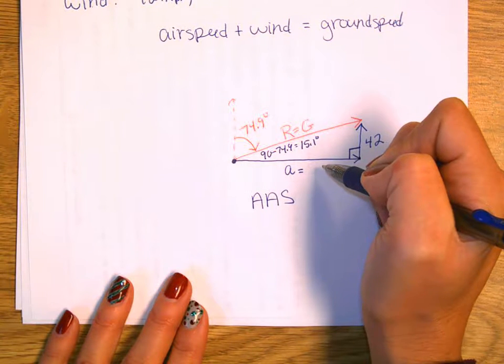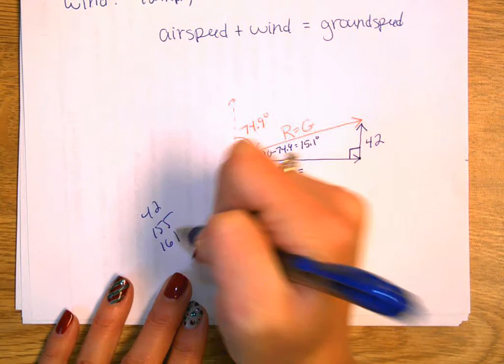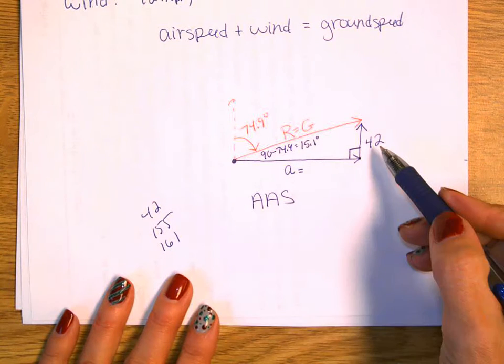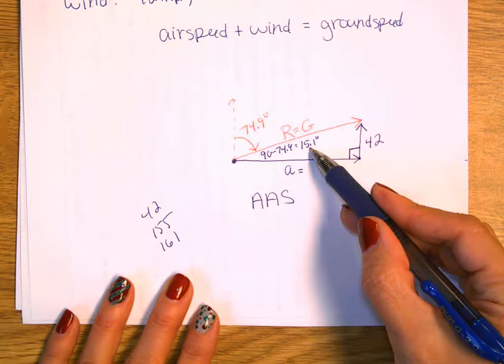The options were 42, 155, and 161. The angle is 74.9. 155 is the airspeed. Yeah, 155.7. Here's the side I know, the 15.1.